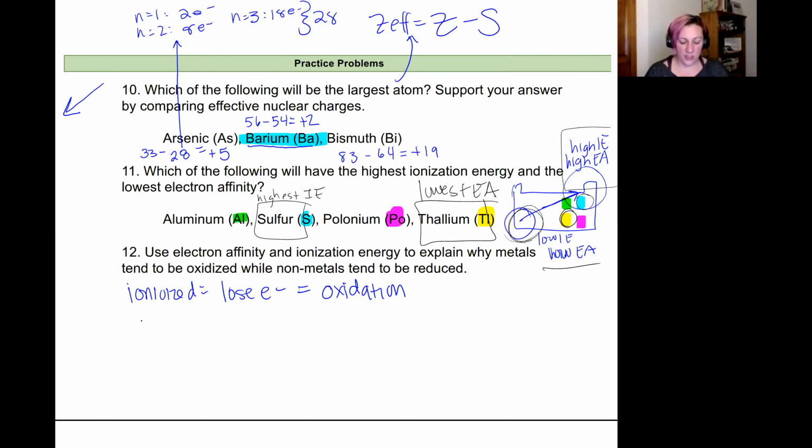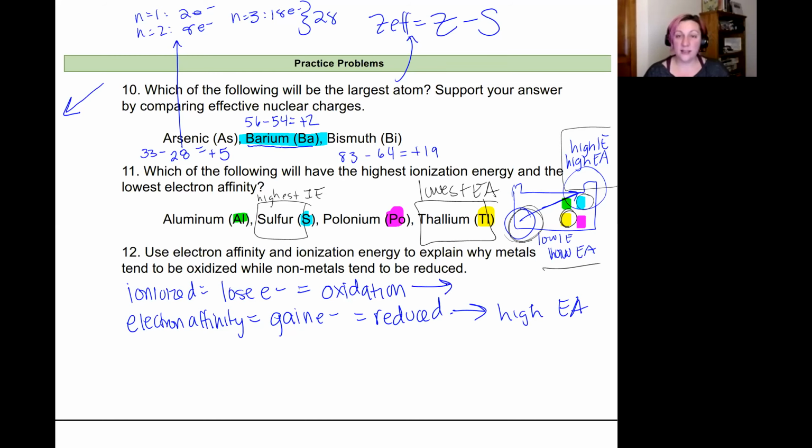And then when something has a high electron affinity, it's energetically favorable to gain an electron, and so it's likely that they're going to be reduced. And so we will say that something is reduced when it has a high electron affinity, and something is easily oxidized when it has a low ionization energy, when it's easy to do it.